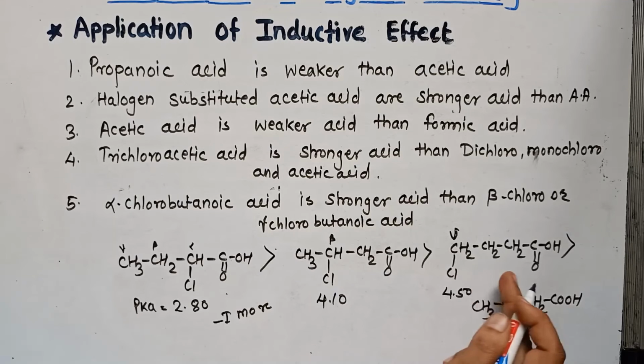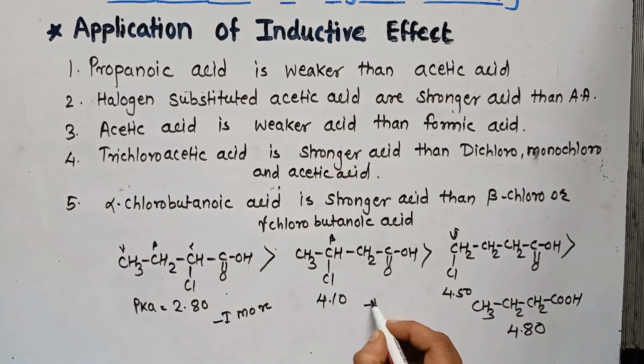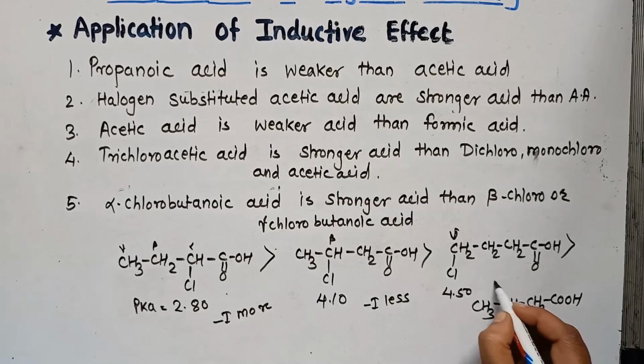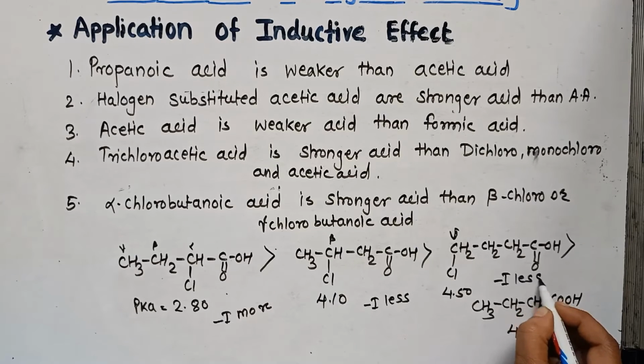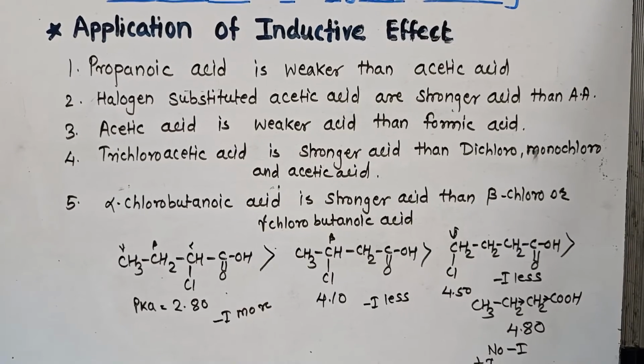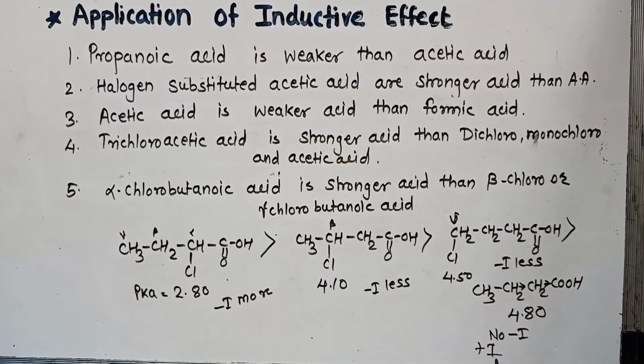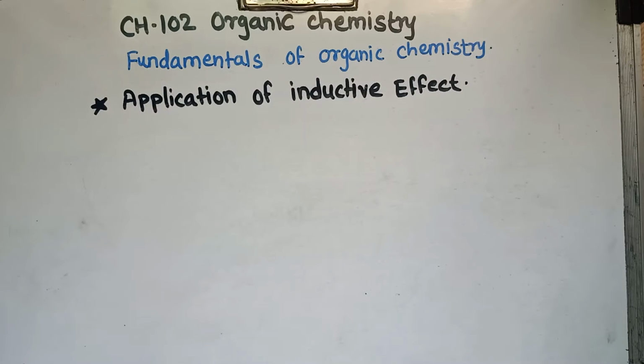Here the distance goes on increasing, so here the minus I effect is less, and here it is even less, and here there is no minus I effect, because it shows the plus I effect, and due to that it is a weak acid. Hence alpha chlorobutanoic acid is a stronger acid than beta and gamma chlorobutanoic acid.